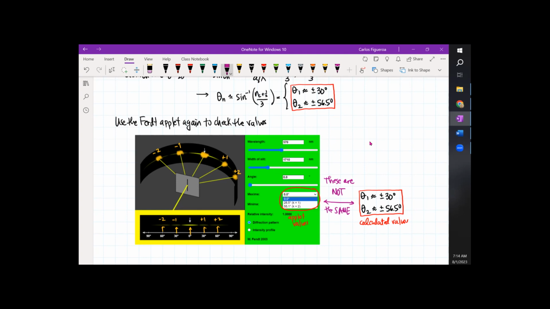The second one is 55.1, and this calculates 56.5. So there's a difference between the two. That's why we say here that these are approximate values. And in the next chapter, if we go to calculate the exact ones, you'll see that it's pretty complicated because you have to deal with a transcendental equation.